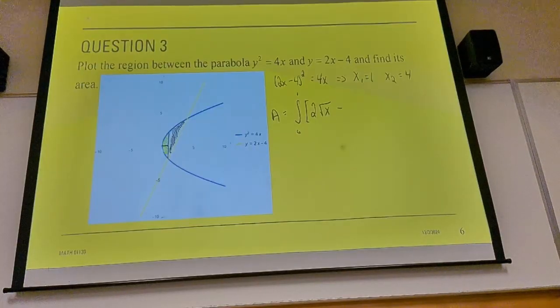So wouldn't the total area be twice the area of the upper half? So I could also just do this, which is going to have the exact same effect, as if you did 2 root x minus negative 2 root x. You get 4 root x, which is twice that integral.